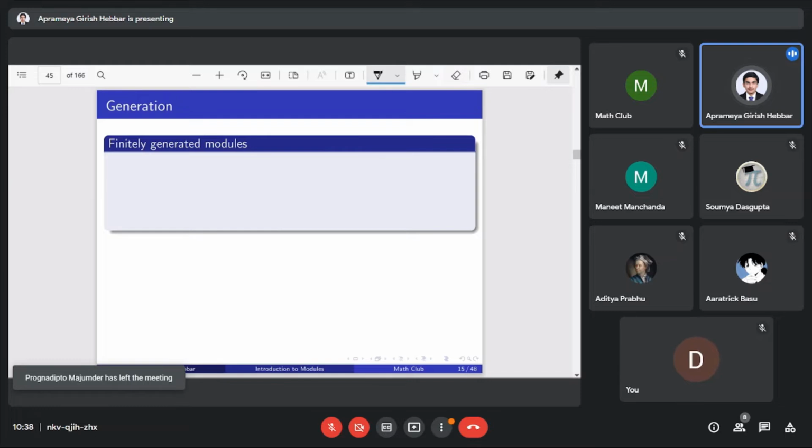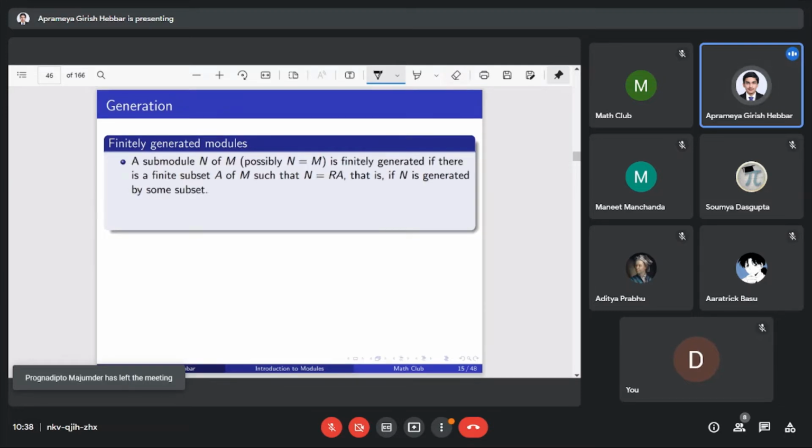So now let us study what are called finitely generated modules. A submodule N of M, possibly N equal to M, is finitely generated if there is some finite subset A of M such that N is equal to RA. That is, N is generated by some finite subset.